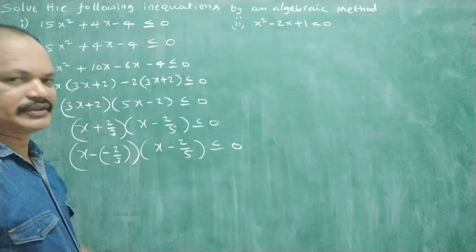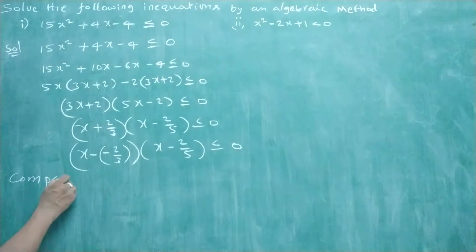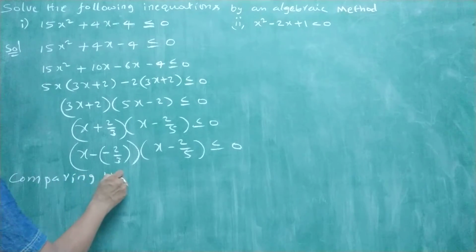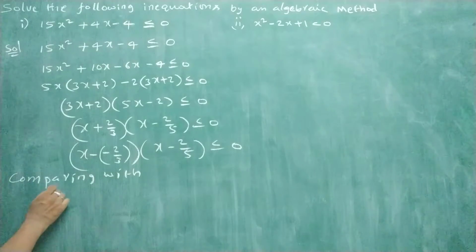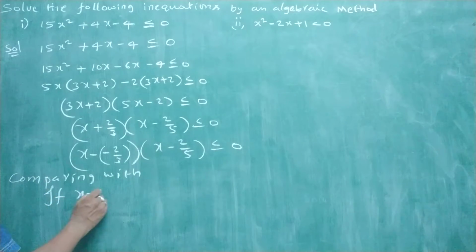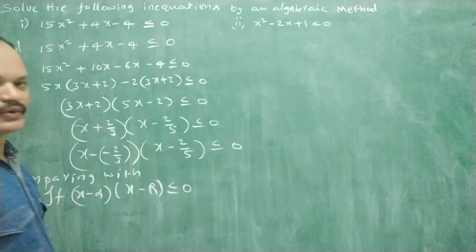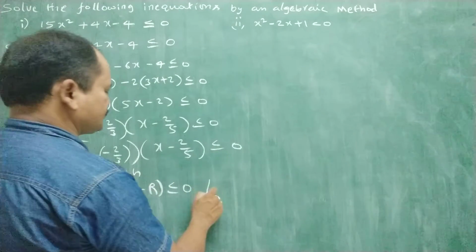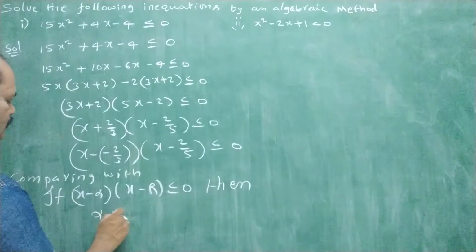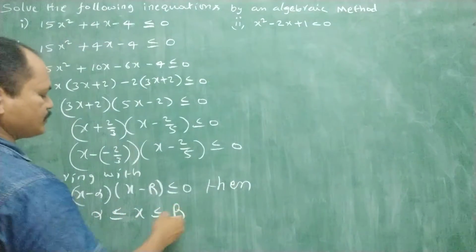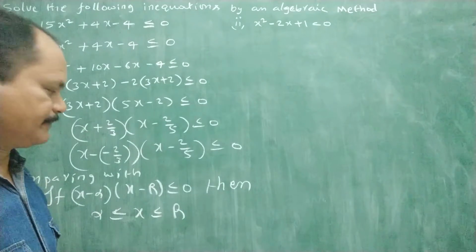This we compare with the formula: if x minus alpha into x minus beta less than or equal to 0, then alpha less than or equal to x less than or equal to beta, then the value of x lies within the interval alpha and beta.